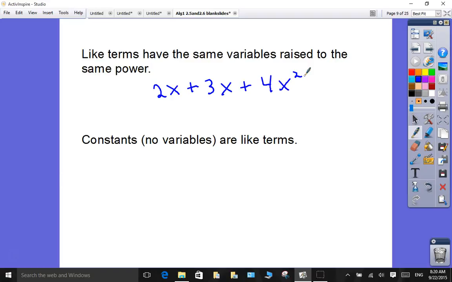The 2x and the 3x have x's, and those x's are raised to the first power. So those are like terms. The x squared term is not a like term because it's got the variable squared. You can combine like terms. You cannot combine terms that are not like terms.